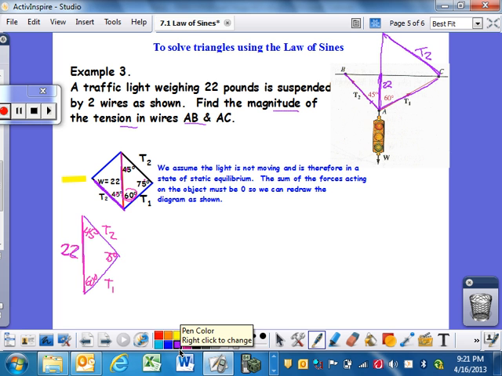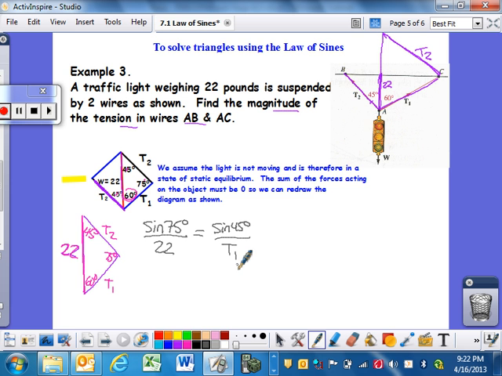Okay? So we have this side corresponding with the 75 degrees. Since I have both of those, this becomes quite simple. So I'm going to say the sine of 75 degrees over its corresponding side of 22, which is the weight, is equal to, let's find T1 first. What's that related to? The 45 degrees up here. So sine of 45 degrees over T1.